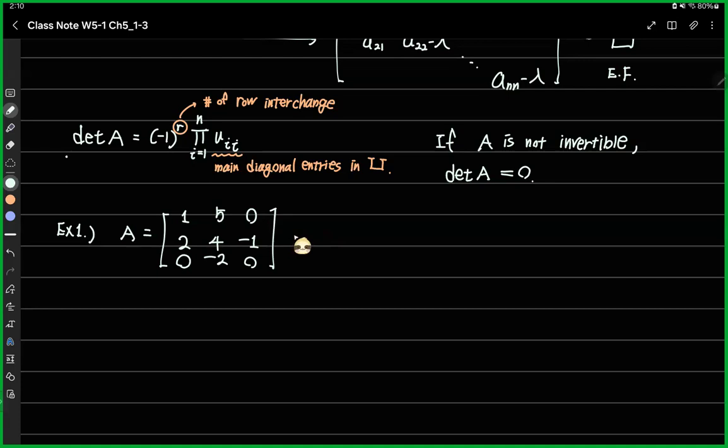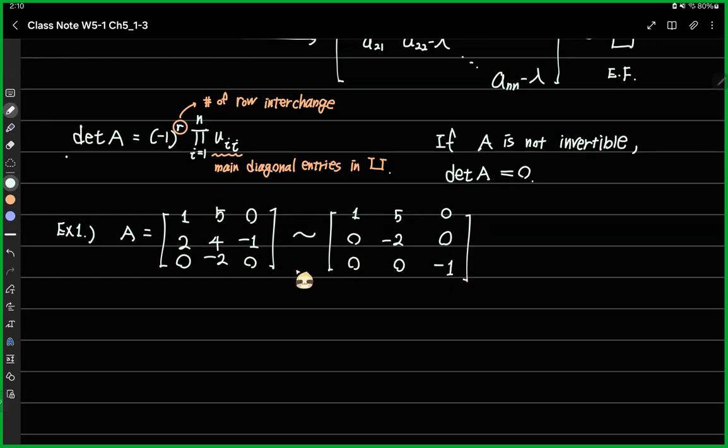Let me row reduce this matrix. Then we're going to get rows 1, 5, 0; 0, -2, 0; and 0, 0, -1.